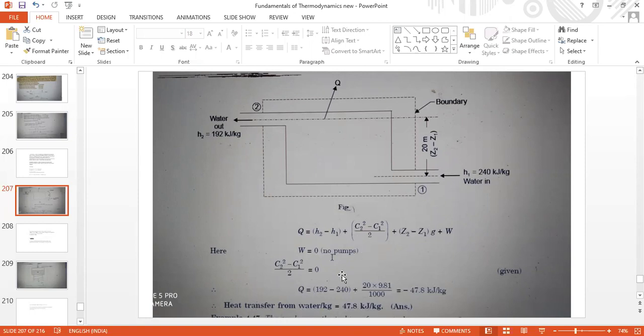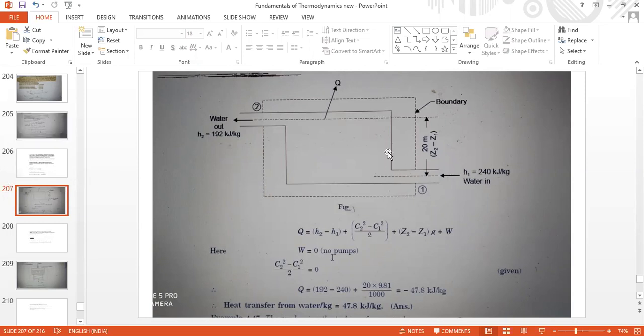In the examinations, you are always given some problems related to the steady flow energy equation. This is a generalized problem. This is not a compressor, not a turbine, not a pump. It is a generalized duct, a generalized flow arrangement, where water is entering somewhere here.